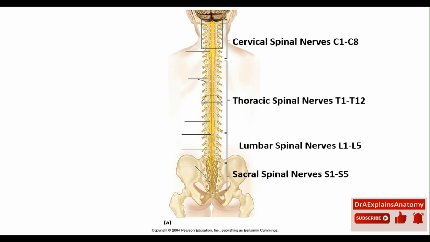And these are the sacral spinal nerves, S1 through S5. The sacral spinal nerves pass through the sacral foramina. Check out my video on the anatomy of the sacrum to understand its structures.